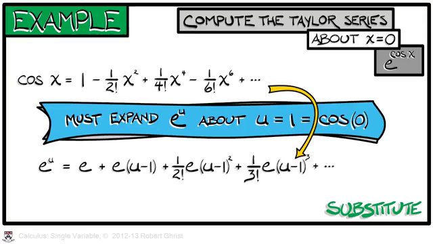That is a little bit too much algebra to fit on this slide, and so I'll leave you to do that. Though I might point out a little bit of help here, that this can be rewritten as e times e to the cosine of x minus 1. You'll find that to be a little bit easier to compute the Taylor series of.